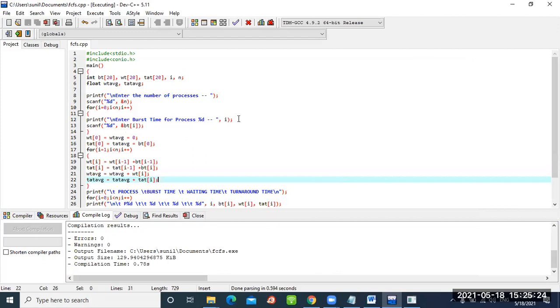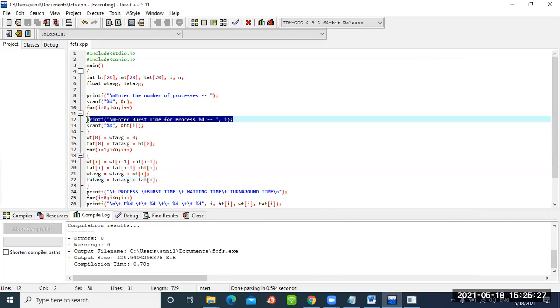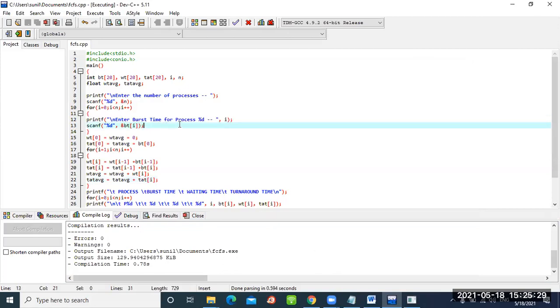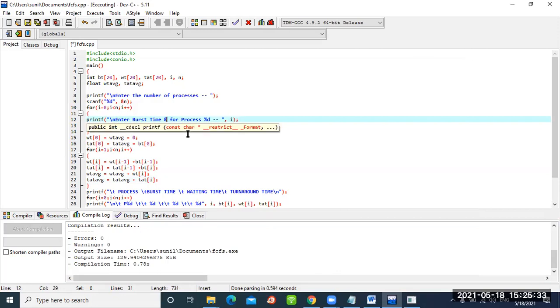Here we add one more printf statement and write down burst time and arrival time.